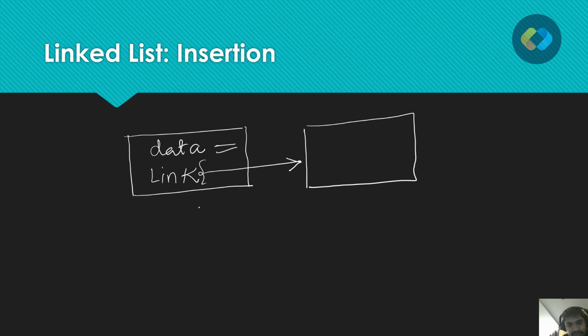If you want to present it as an object, how will you present it as code? You have to have one data field, whatever type of data you want to store.